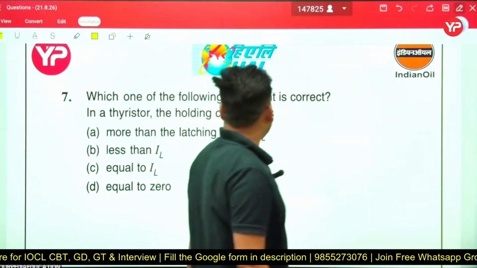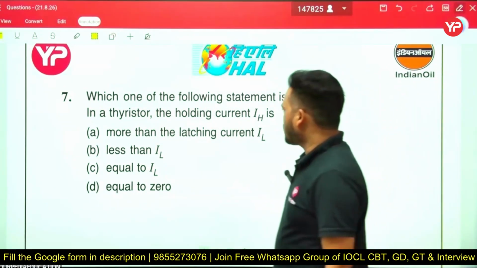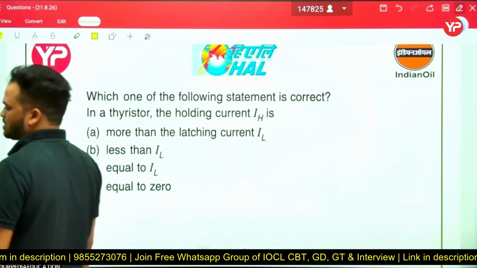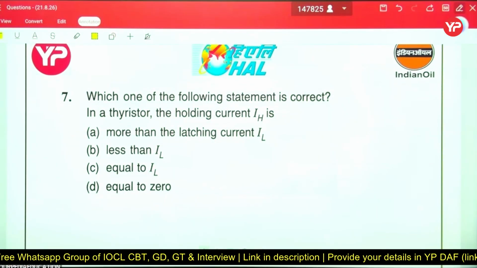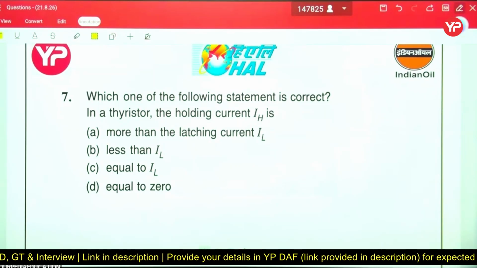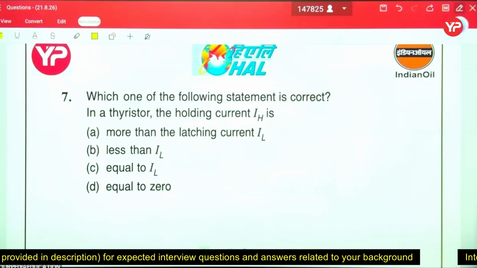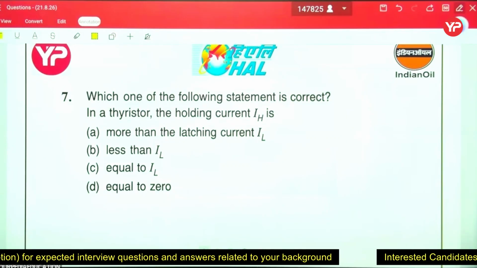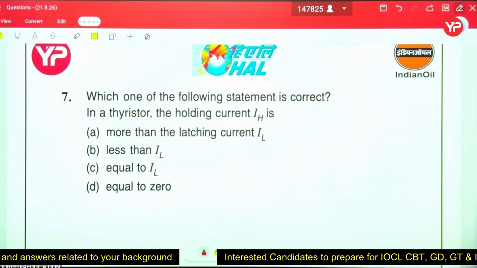See, which one of the following statements is correct? In a thyristor, the holding current IH is related to the turning off process of the SCR, and the latching current is related to the turning on process of the SCR. The options are: more than the latching current IL, less than IL, equal to 0. Tell me the answer. What about the holding current IH?